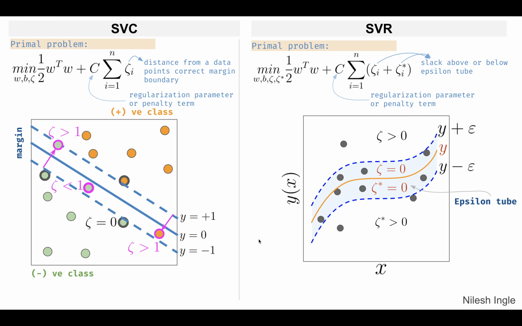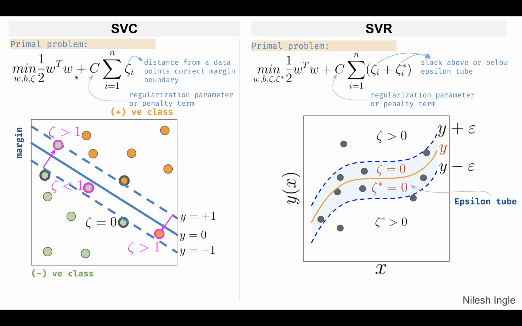Now, the support vector classifier and support vector regression. If we want to get some mathematical intuition, this is not a derivation. I'm just going to walk through the equations that are listed in the docs and talk about what those equations could be telling.